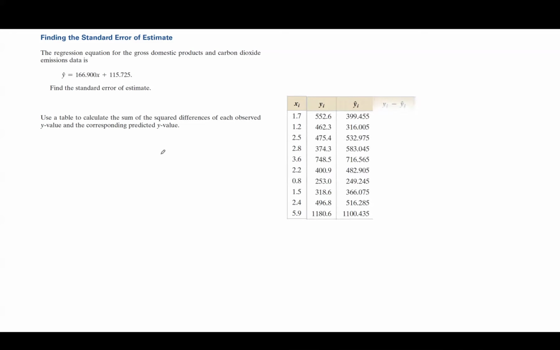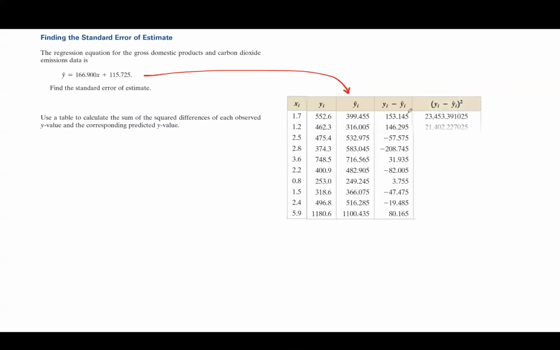In the next step, we calculate yi hat by plugging each x value into the formula. And then we find the difference between yi and yi hat. And then we raise each number to the second power. And finally, we're just going to add all of these numbers together. This gives you the summation of yi minus yi hat to the second power, which in this case is a large number.